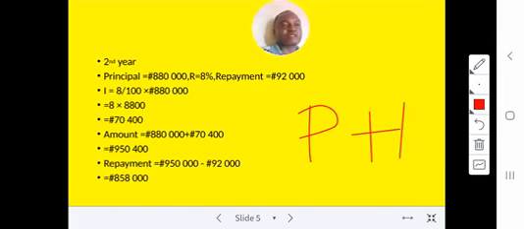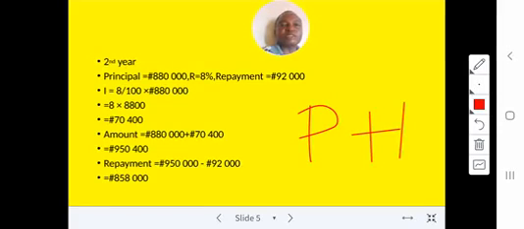The next step is to calculate the amount, which is principal plus interest. Don't always forget that. So the 880,000 naira is our principal for year 2 plus the 70,400 gives us 950,400 naira. Simple as that.